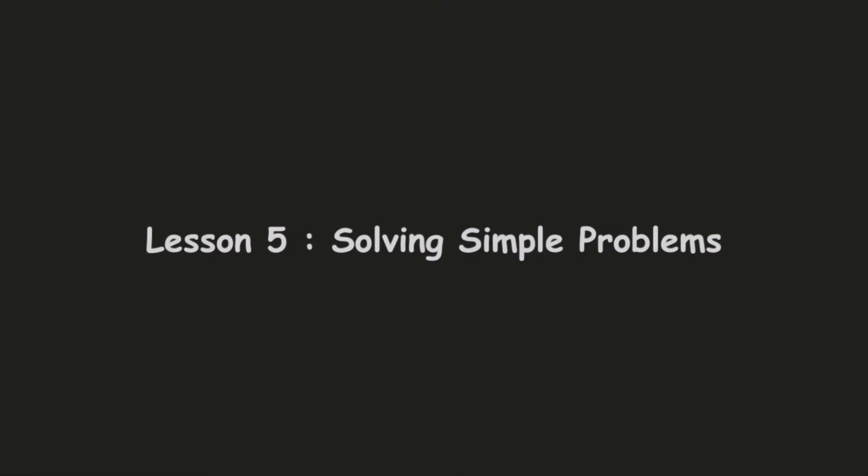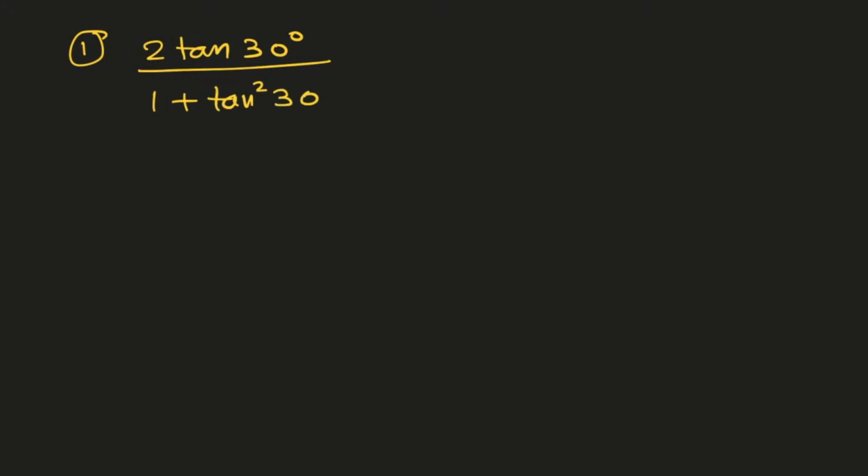So in this lesson, we are going to do some problem solving. We'll start off with very easy questions, then we'll move on to difficult ones later on. So let's see the first question. First question is 2 tan 30 degrees divided by 1 plus tan squared 30 degrees.